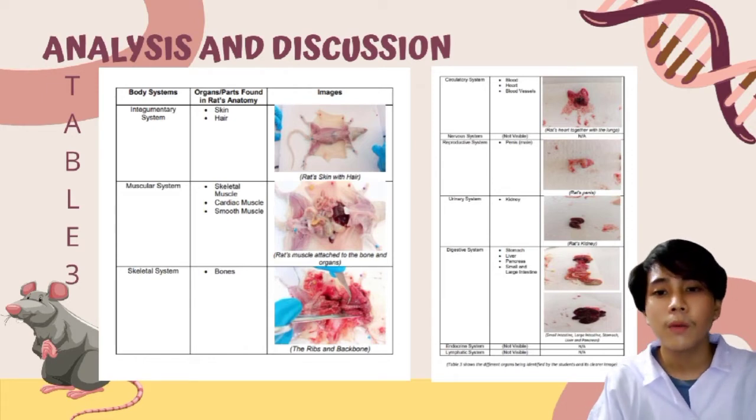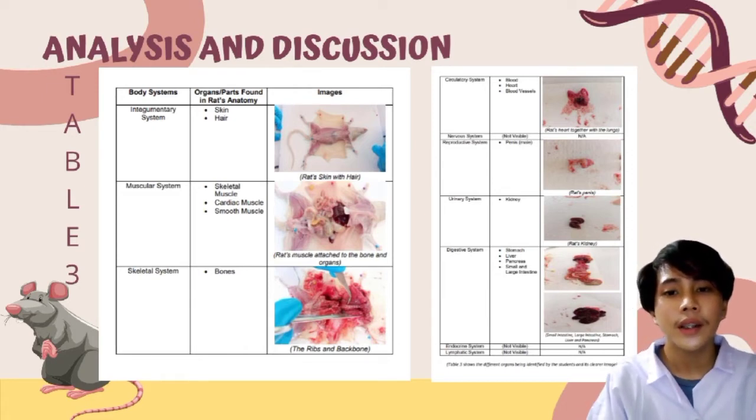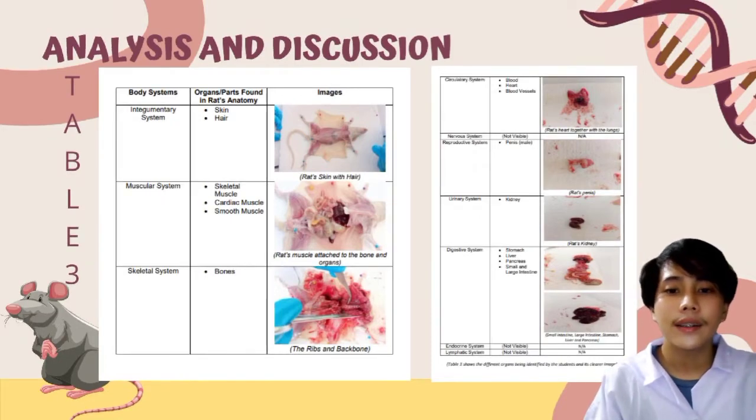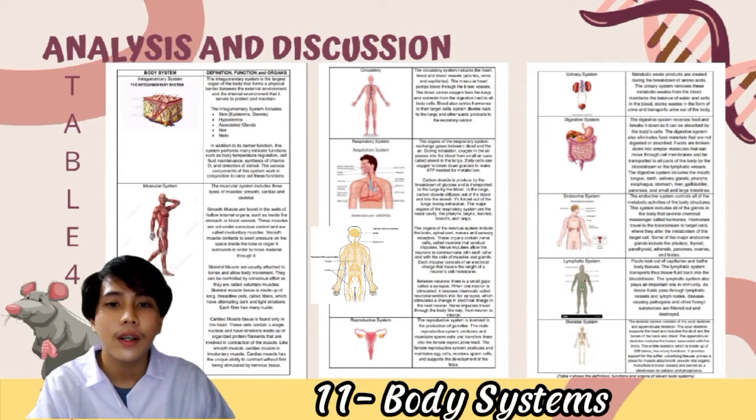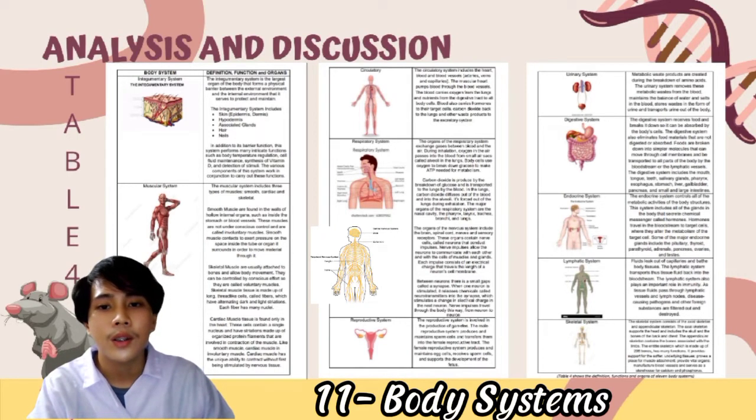The ones with the most organs identified by the students were the organs of the digestive system such as the liver, stomach, pancreas, and small and large intestine. But on the other hand, many organs in the organ system are not visible in the dissection performed, such as the organs of the nervous system, endocrine system, and the lymphatic system.